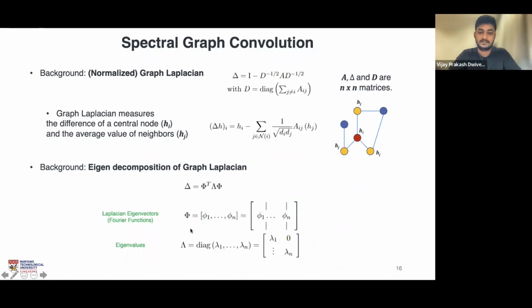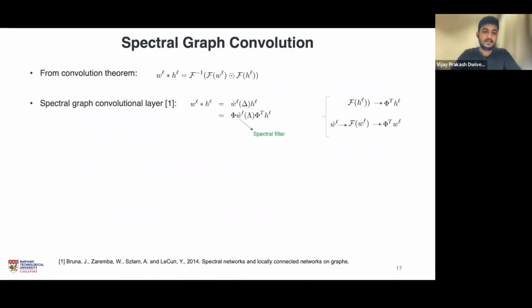These are used when we define the spectral graph convolution, because from the convolution theorem, we have this particular step, which is the convolution of a weight function and the input function. When we apply the Fourier transform to the input h for the graph, we arrive at this.